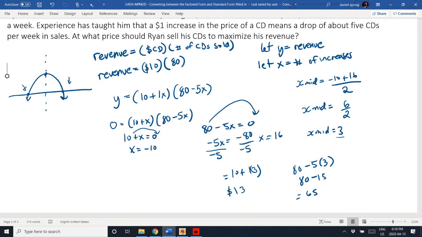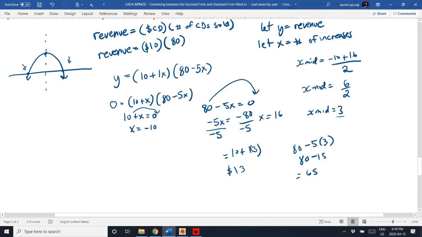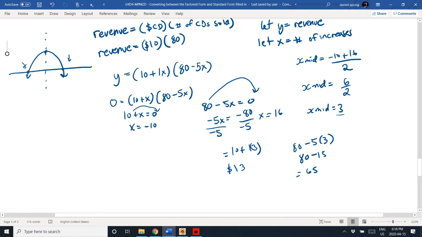So he'd sell it at $13, and he'd sell 65 a week, and if we multiply those two, we can get his total revenue. So his total revenue, if he were to sell it at this price, would be $845, which is more than his current revenue. So if he sells CDs for $13 and expects around 65 CDs sold, he'll make around $845 in revenue.